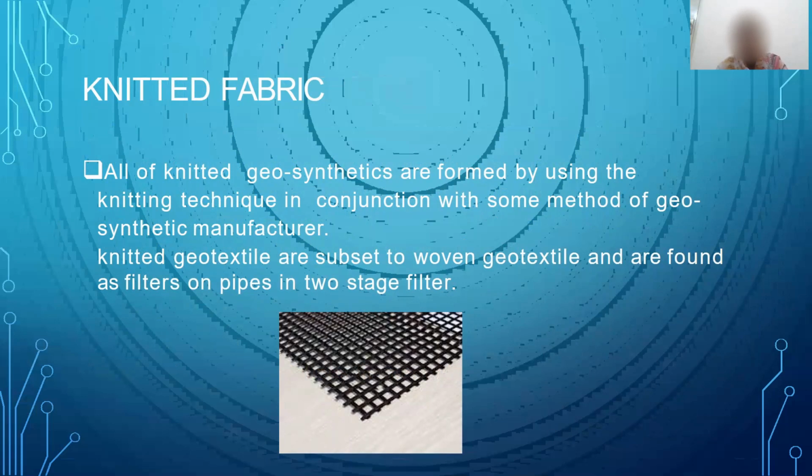Knitted geotextiles are a subset of woven geotextile and are found as filters on pipes. This type of geosynthetic is formed usually by the knitted technique in conjunction with some method of geosynthetic manufacture, as you can see in the picture also.